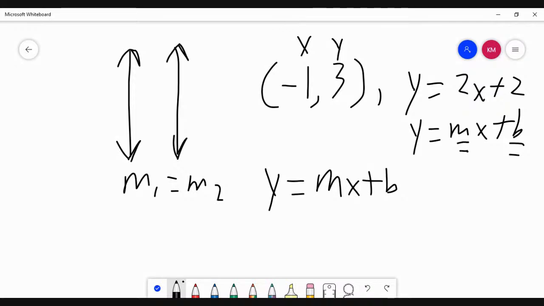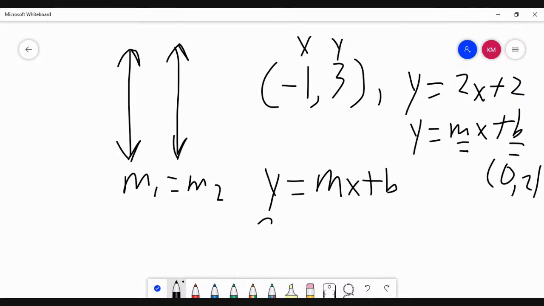What differentiates the slopes that are parallel to each other are their y-intercepts, meaning where they touch on the y-axis. So for y equals 2x plus 2, the y-intercept is 0, 2. Now we need to find the y-intercept of the parallel line so that we can actually write its equation.